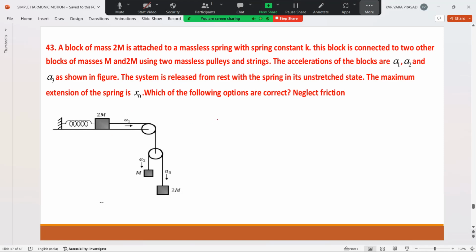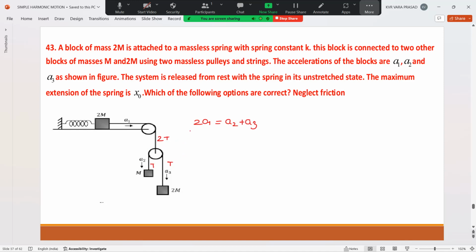So here, let us take tensions. Suppose this is T, then this is also T, right? Then in this part, the tension becomes 2T. Then we can write directly 2A1 is equal to A2 plus A3. Remember here, directions are given.